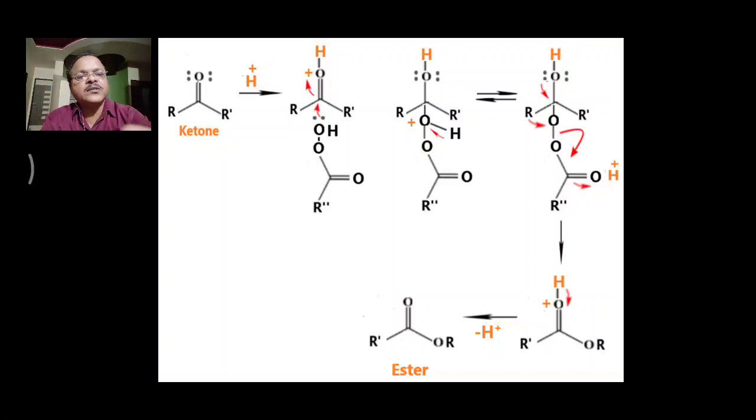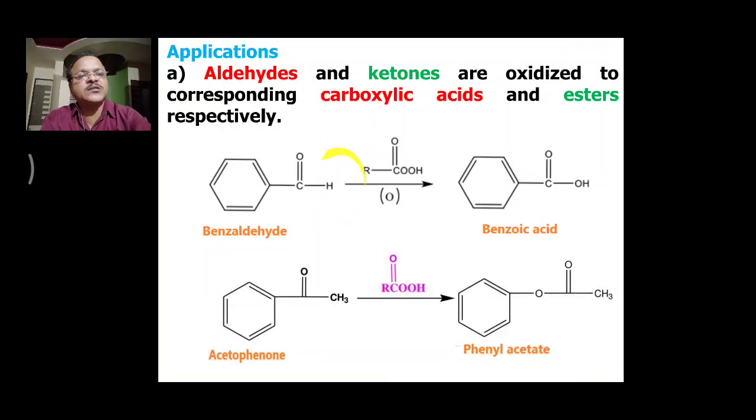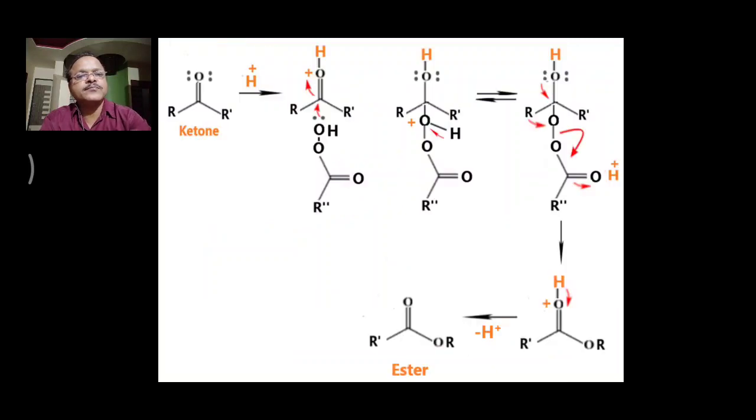Now this compound comes in contact with peroxy acid. This is peroxy acid. This is the carbonyl carbon, which is electron deficient. It forms a bond with the oxygen of the peroxy acid, for which both the electrons of oxygen are utilized.